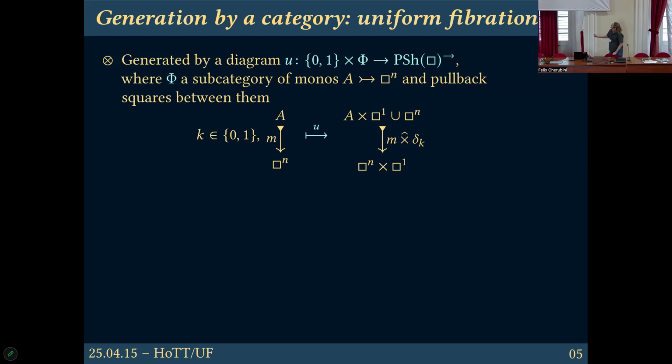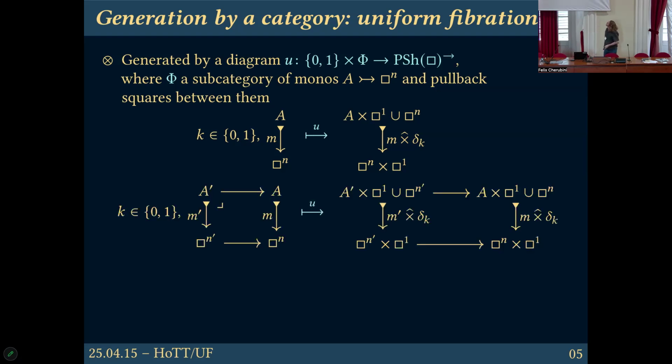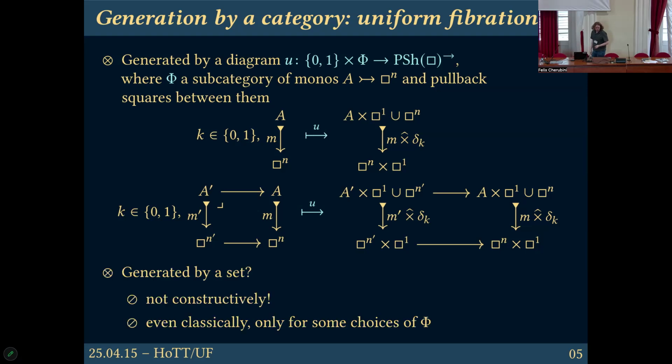And we say we want, whenever we have one of these sub-objects of a particular form and a point, either 0 or 1, to be able to lift against some kind of open box, which is built out of this sub-object. And then we don't just want a choice of lifts for each of these objects, but whenever we have a pullback square of sub-objects of our specified kind, we put this in as a coherence that we want to require of our choice of lifts.